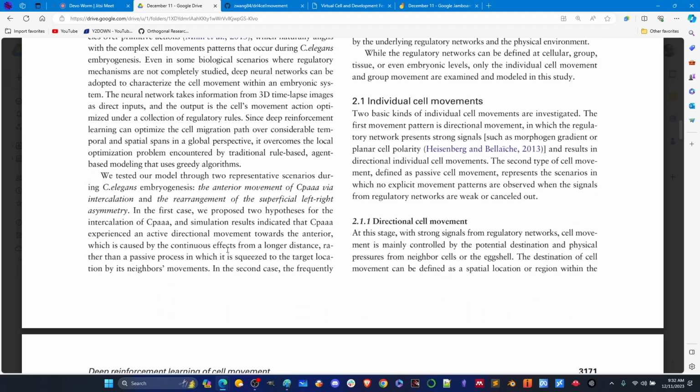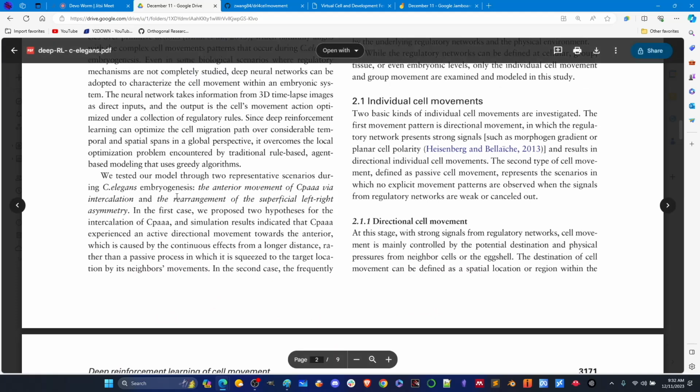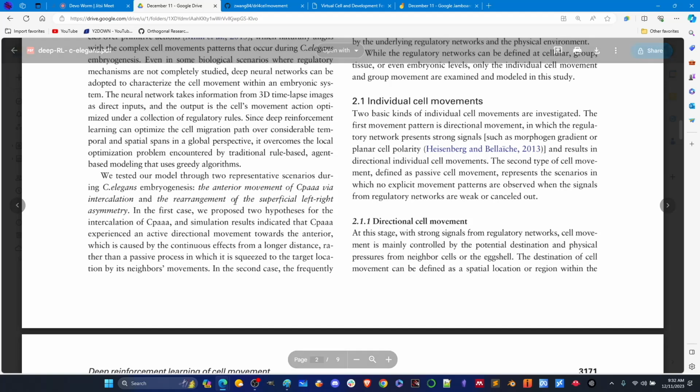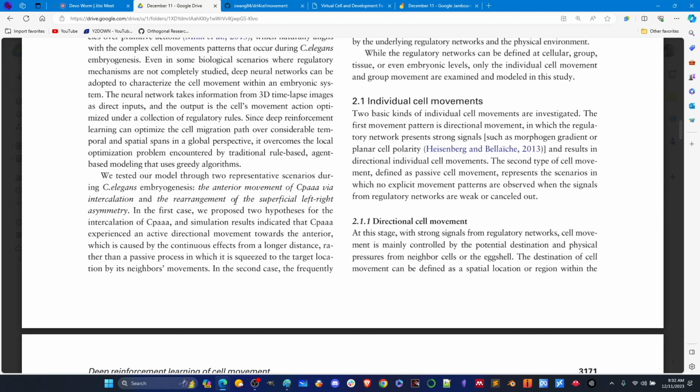And so we tested our model through two representative scenarios during C.elegans embryogenesis. The first is the anterior movement of CPAAA by intercalation, and then the rearrangement of the superficial left-right asymmetry. So these two cases where you have intercalation and this asymmetry rearrangement.